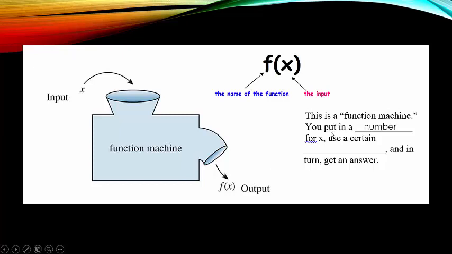So again, you put a number in for x. So I could choose to put 3 into the machine. It's going to do stuff. It's going to use a formula to do something with that 3, and then it's going to spit out an answer. That's the idea.